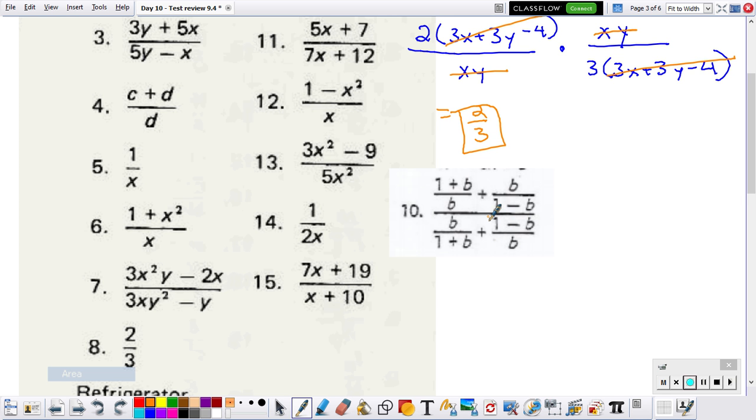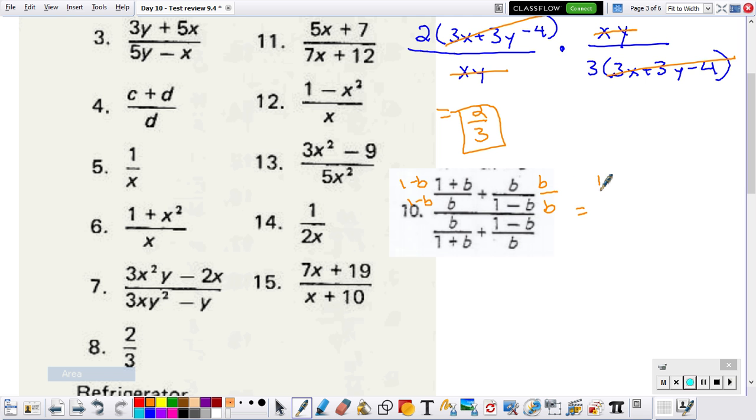And then the denominator kind of has a similar situation. This needs a b. This needs a 1 plus b. So this is going to be b squared. This is going to be 1 minus b squared. And you can see it's actually really nice because when you add these together, these cancel out. And when you add these together, these are going to go away. So I'm just going to save myself a line.